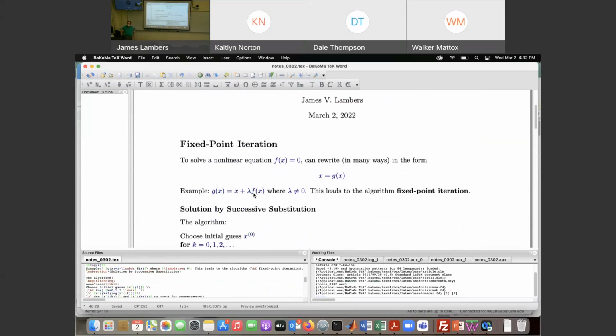We'll try to guarantee convergence, and that could be achieved by relating lambda to the derivative. So the ideal choice would be lambda equals minus 1 over f prime of x, where x would be your latest iterate. And that leads to what is known as Newton's method. So it's one way, not the only way, to derive Newton's method.